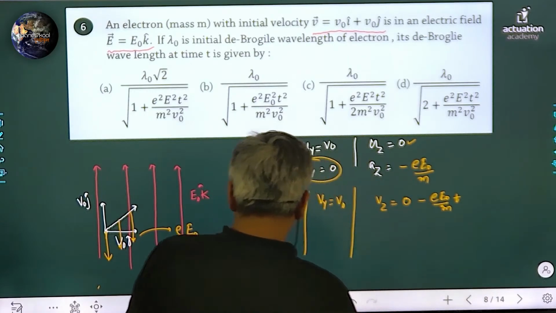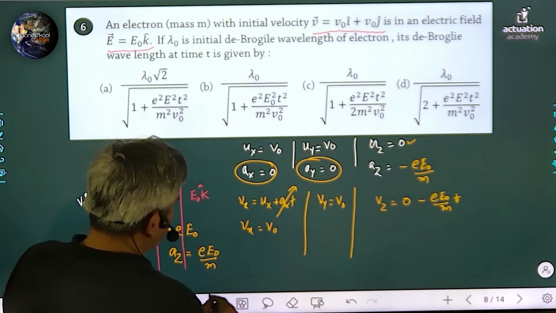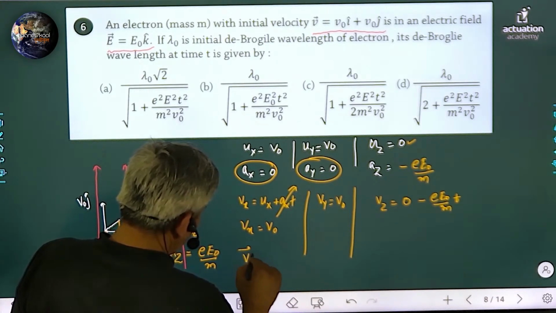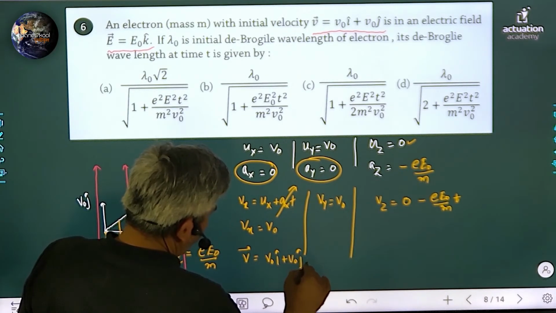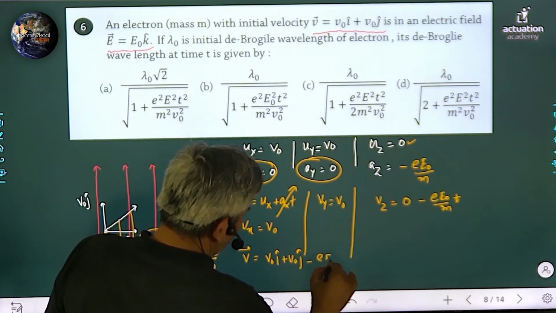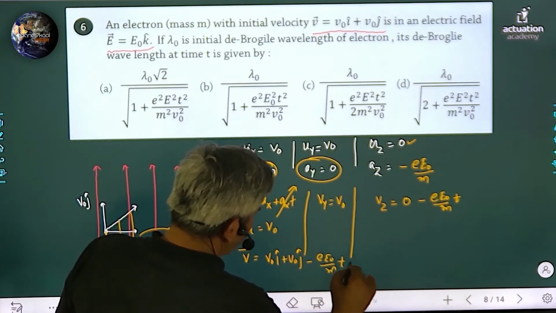Now the final velocity of the electron can be written as V naught i cap, V naught j cap minus E naught by m into t k cap.